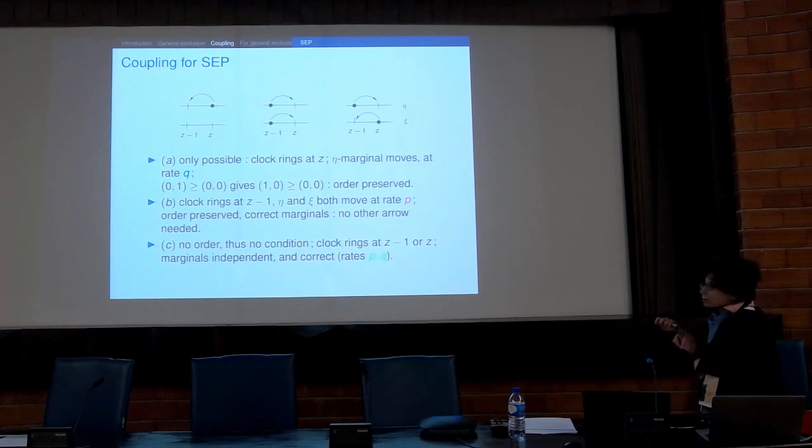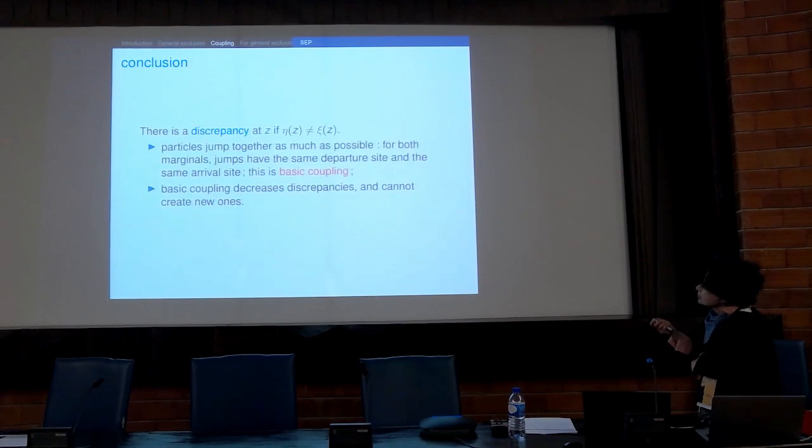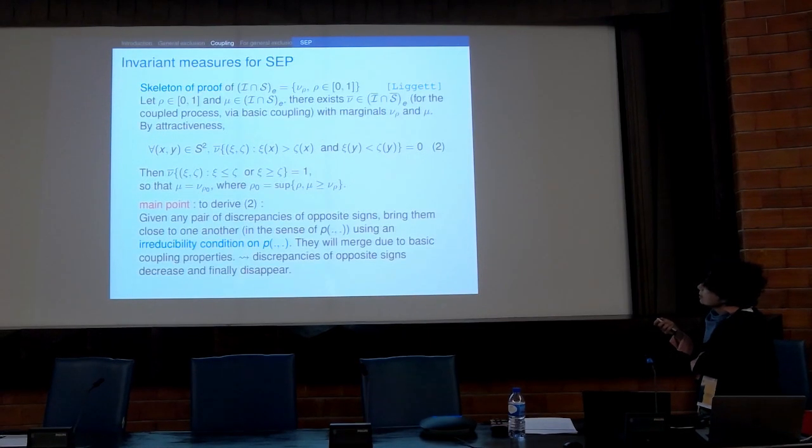Why don't we use it for general systems? Before going to general systems, back always to simple exclusion. How do we get the extremal invariant and translation invariant measures, that they are the Bernoulli? The proof goes back to Liggett.